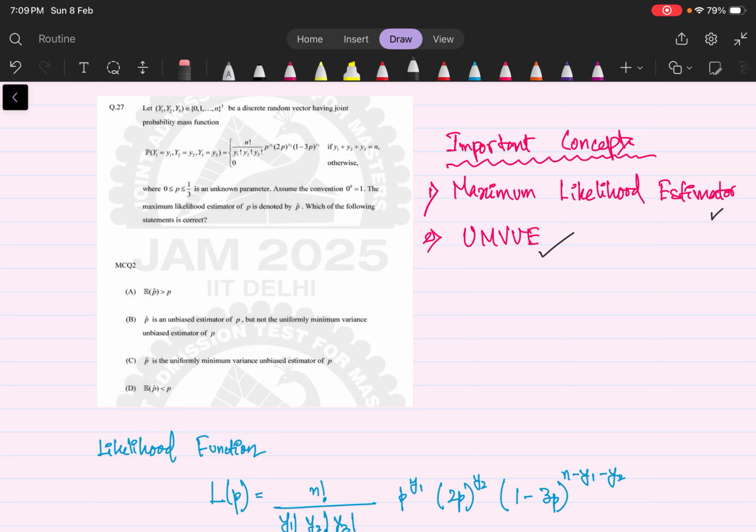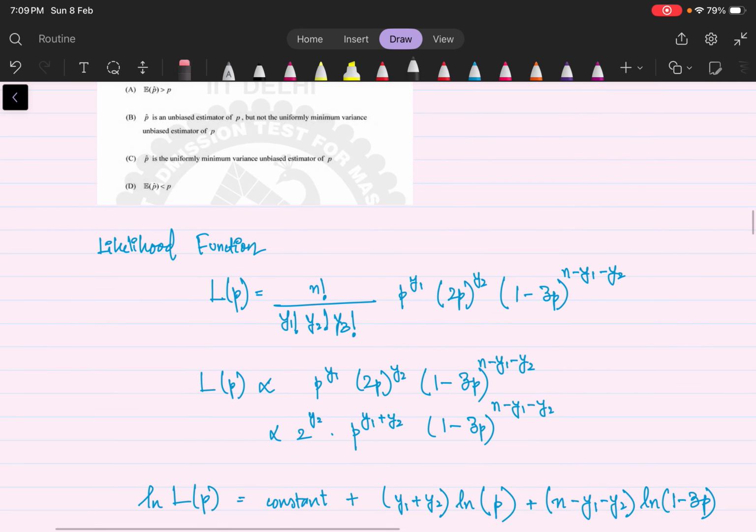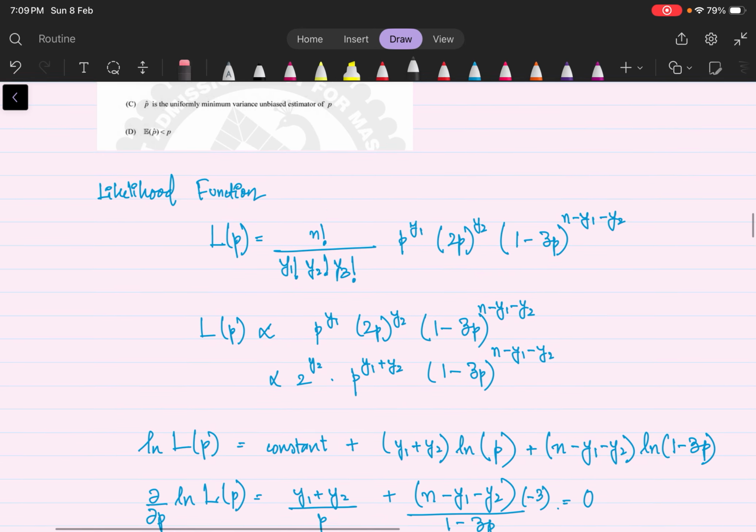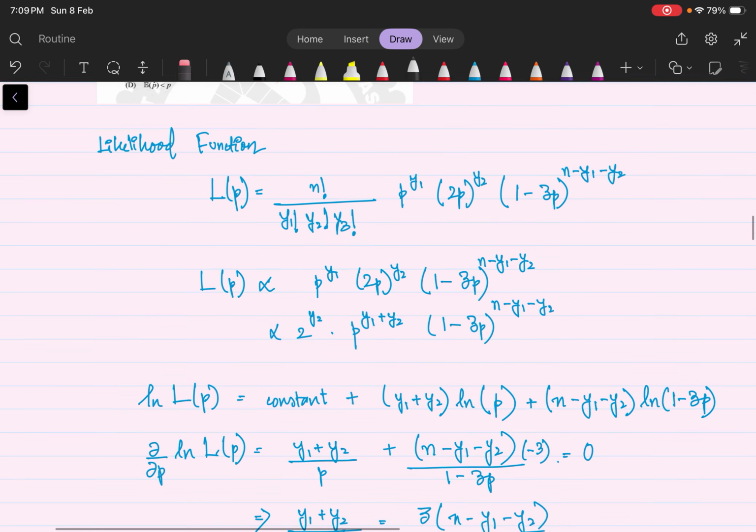So this is a multinomial distribution that is given. The likelihood function is as given in the question paper. L of p equal to n factorial by y1 factorial y2 factorial y3 factorial into p to the power y1 into 2p to the power y2 into 1 minus 3p to the power n minus y1 minus y2.